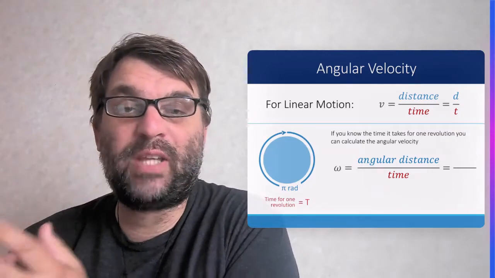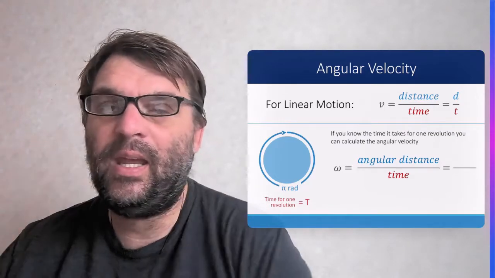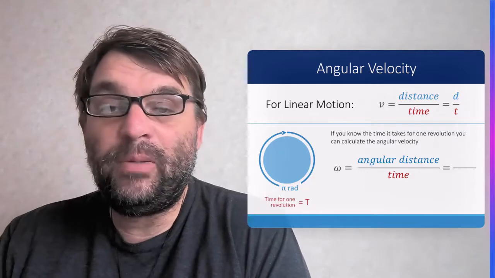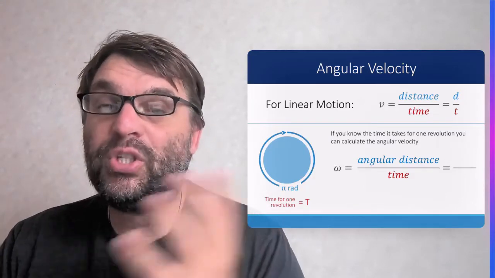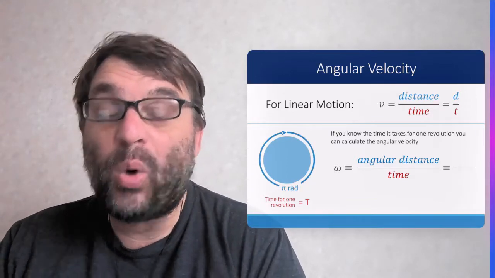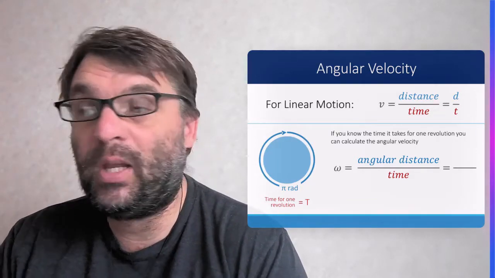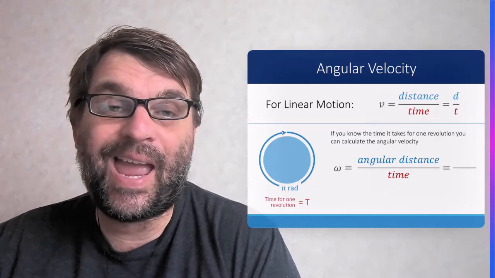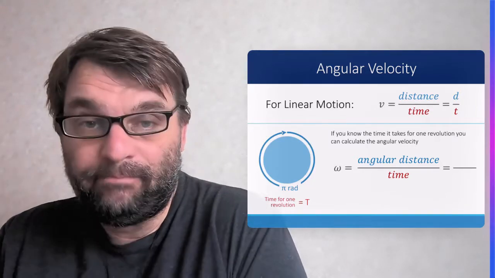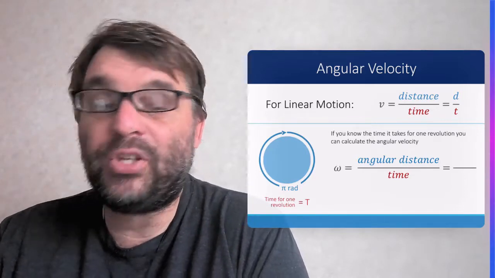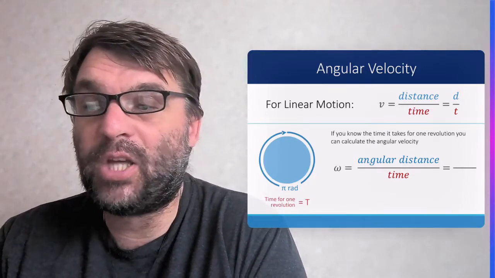You would have already looked at, earlier in year 9 and year 10, the idea of linear motion, that velocity equals distance over time. We have a corresponding equation for circular motion, known as angular velocity, which has the symbol omega, that W-looking symbol. It's the angular distance divided by time.